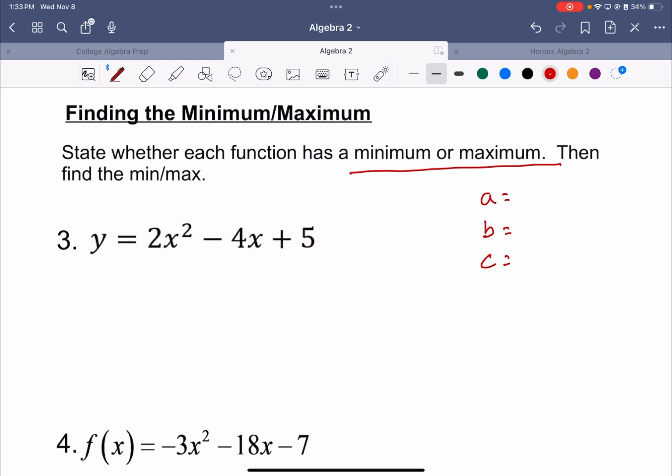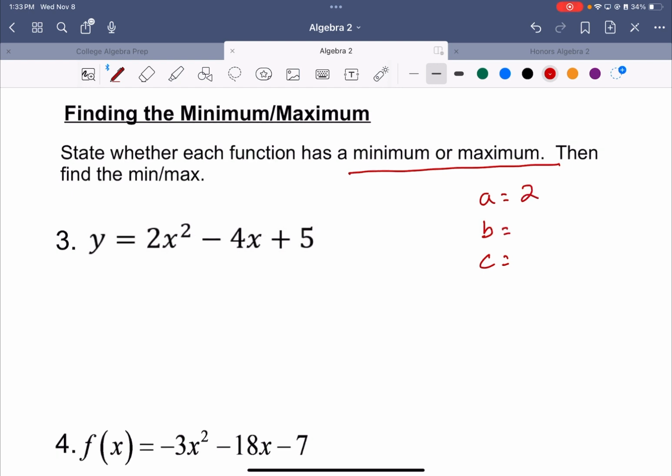My a value is 2, my b value is negative 4, and my c value is 5. Does this go up or down? Up, because my a value is 2. So is that a minimum or maximum graph? Minimum.